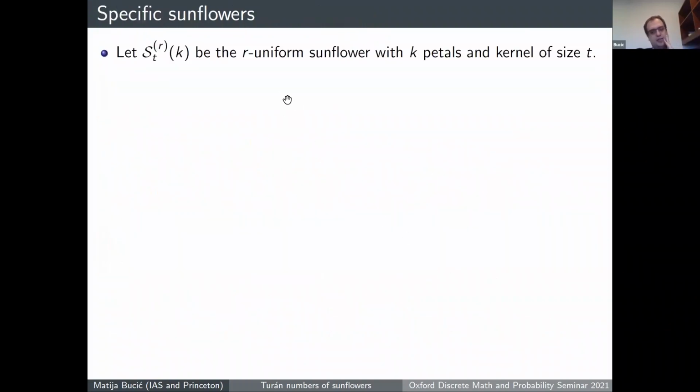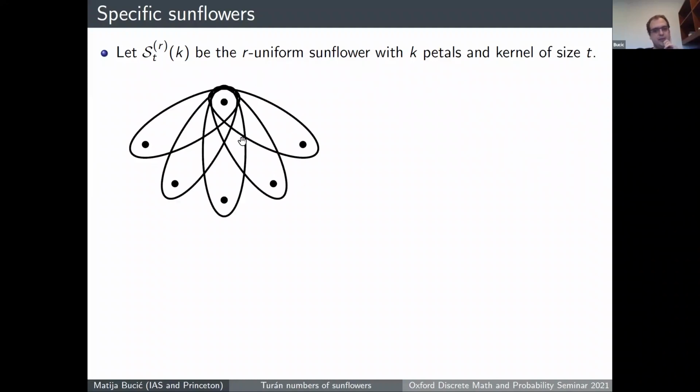So first, let me introduce a little bit of notation to help me talk about it. I'm going to denote by S_{r,t,k} a specific sunflower. This will be the r-uniform sunflower with k petals and kernel of size t. So, r-uniform means sets have size r, k petals means there are k sets in this object, and kernel of size t means the center has size t.